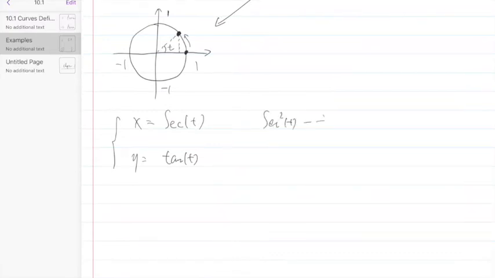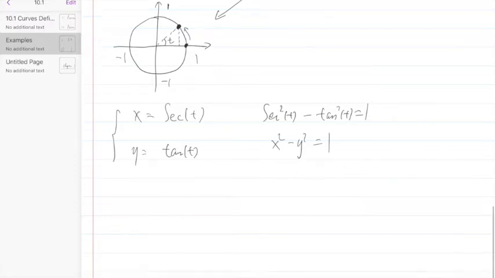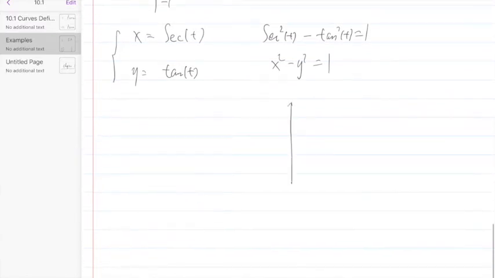Yes, you do. What you know here is secant squared t minus tangent squared t equals 1. This gives you x squared minus y squared equals 1. This is the parametric equation of this thing here. I don't know if you have learned this before. What's the shape of this? This is going to be a hyperbola.